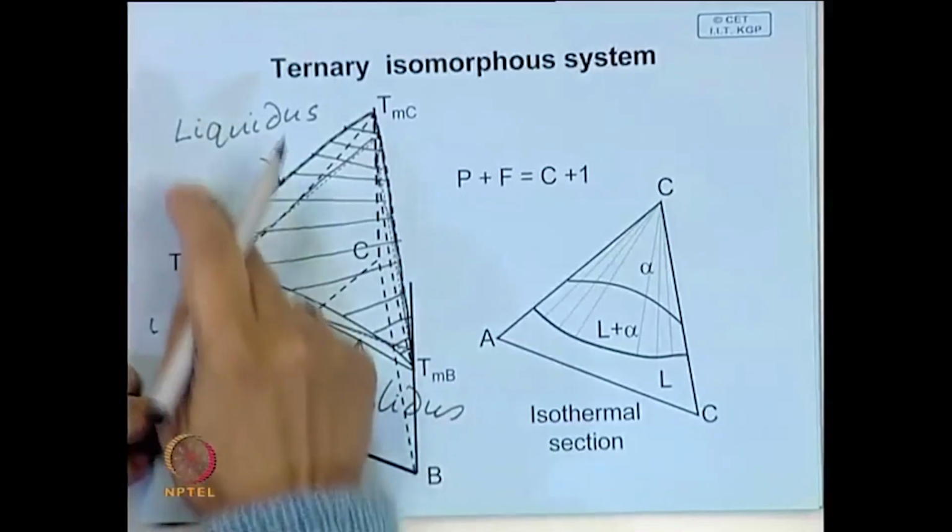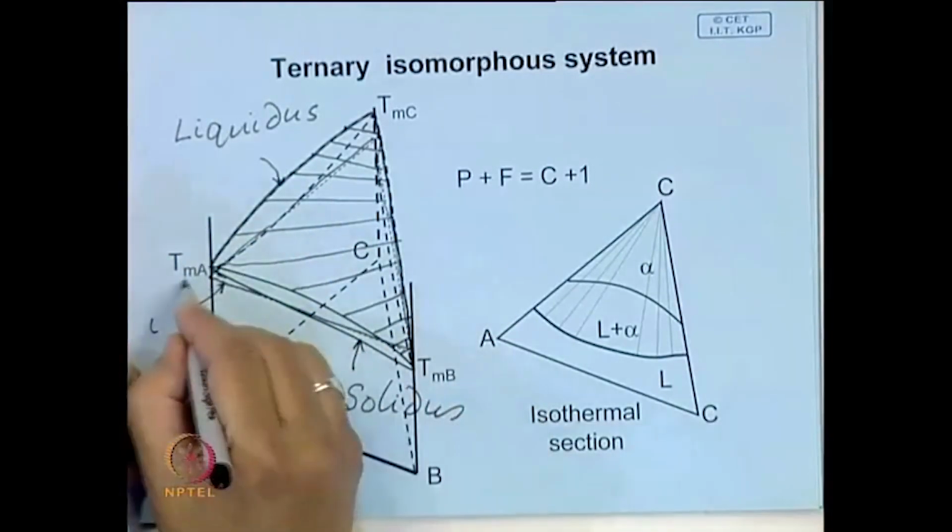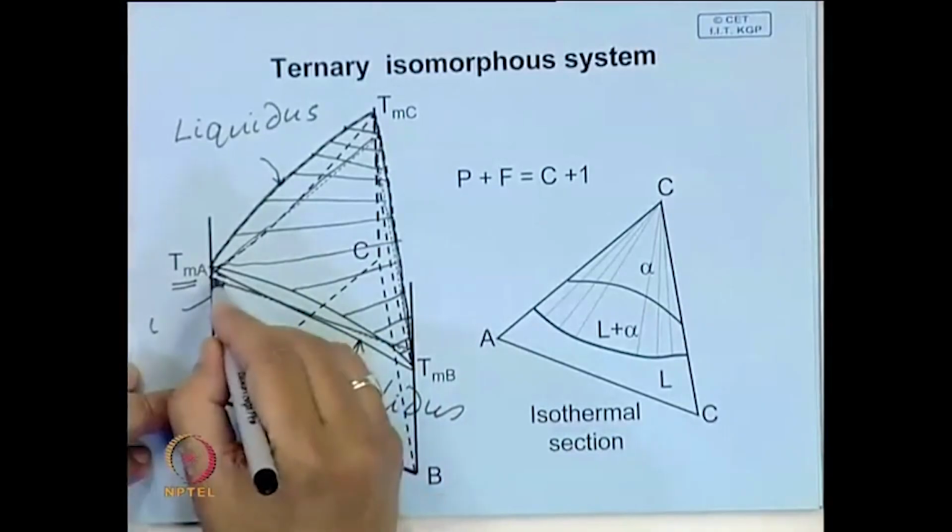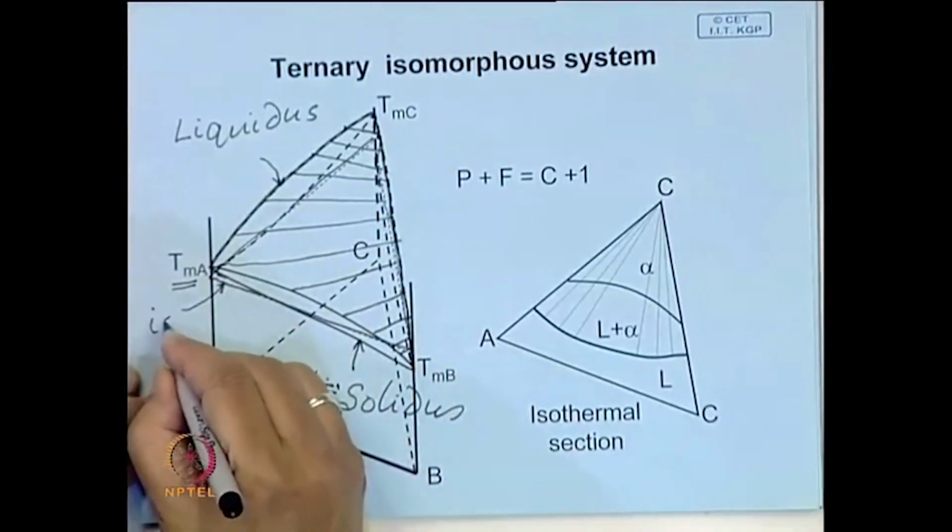So, this vertical axis represents temperature, this is the melting point of A, and this is an isotherm.